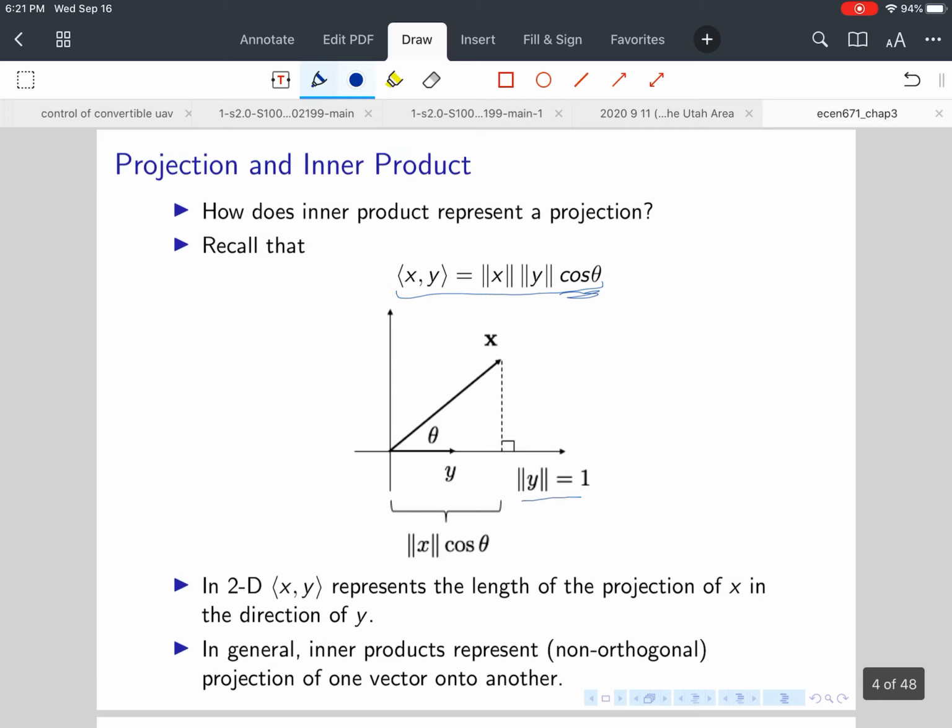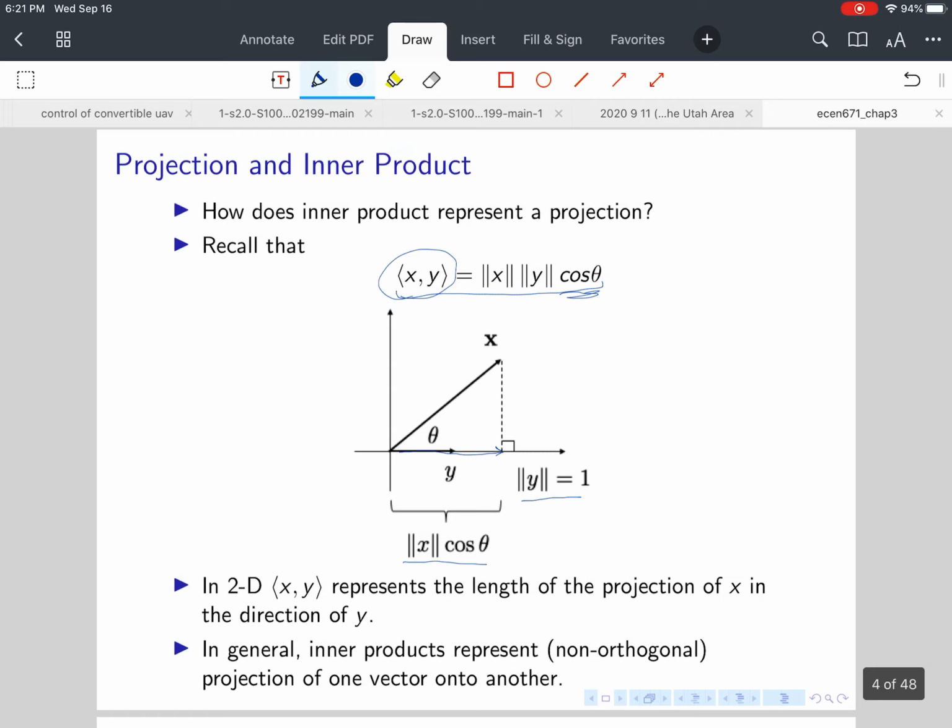And if we have a unit vector, so if the norm of y is equal to 1, then the orthogonal projection of x onto y is going to be the norm of x times the cosine of theta, because the norm of y is equal to 1.